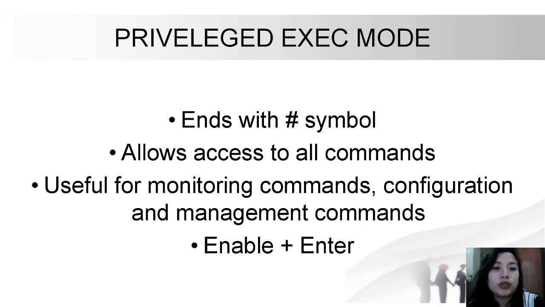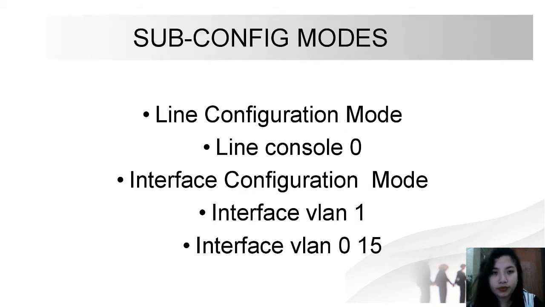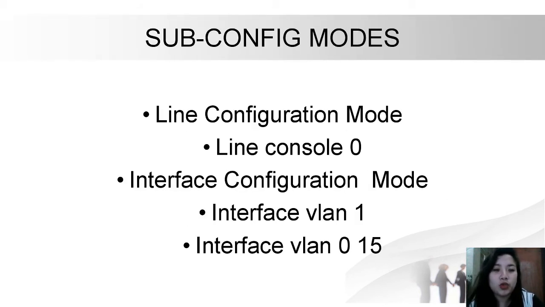Privileged exec mode ends with the pound symbol, allows access to all commands, useful for monitoring commands, configuration, and management commands, using enable plus enter. Subconfig modes: line configuration mode, line console 0; interface configuration mode, interface VLAN 1, and then interface VLAN 15.